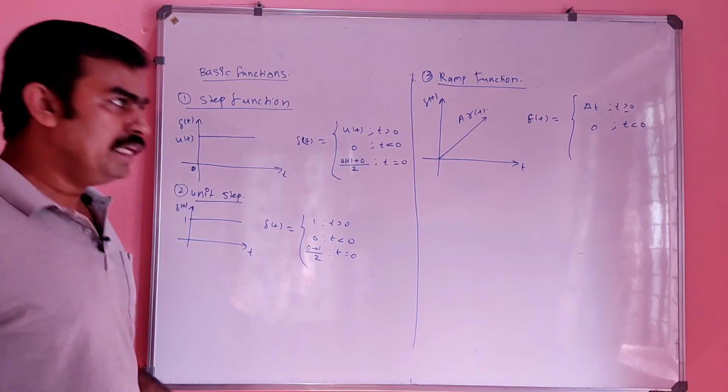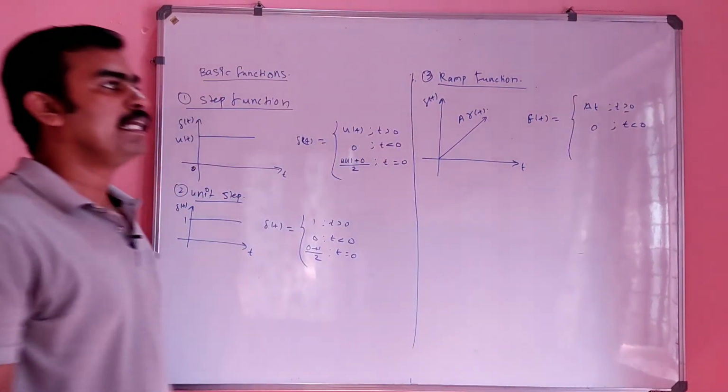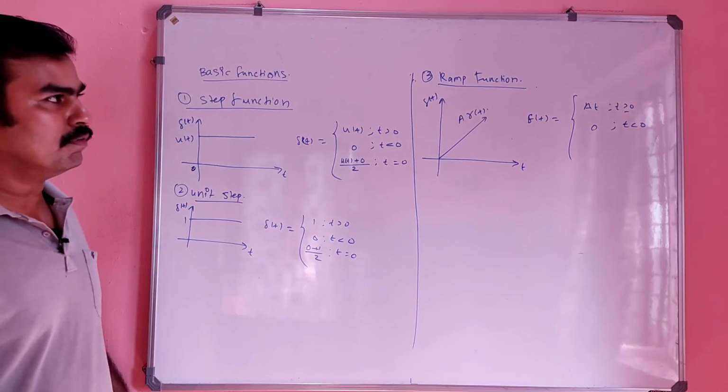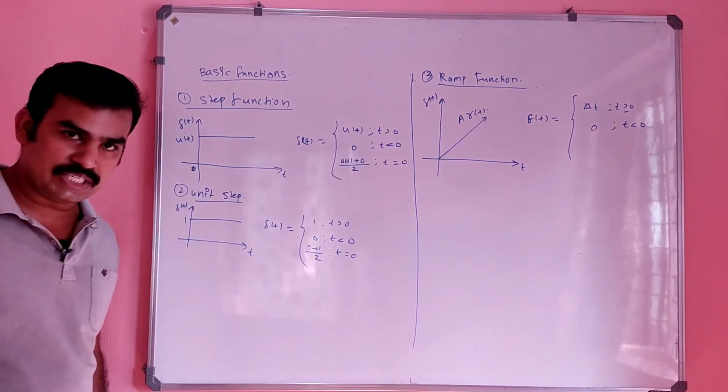So if a signal is represented by f of t equal to at for t greater than or equal to 0 and 0 for t less than 0, then it is called a ramp function.